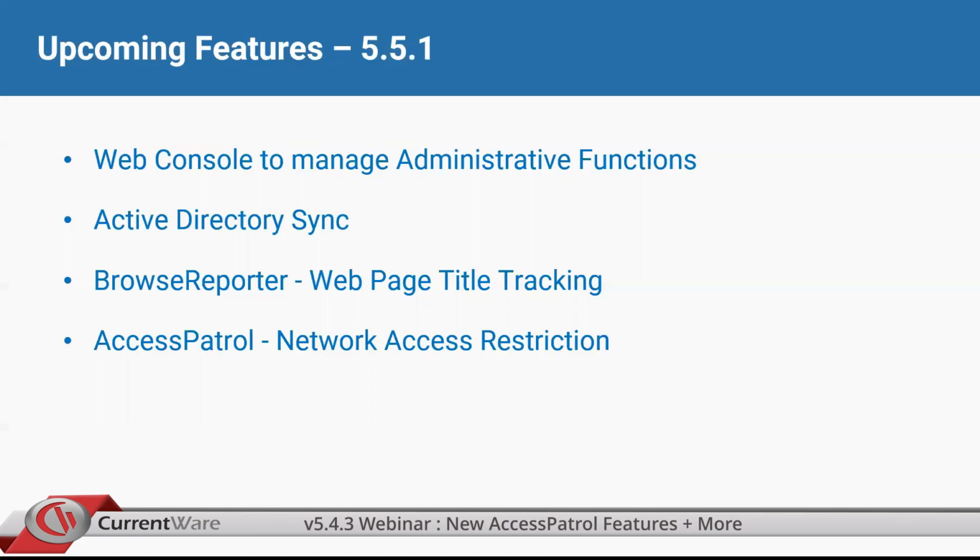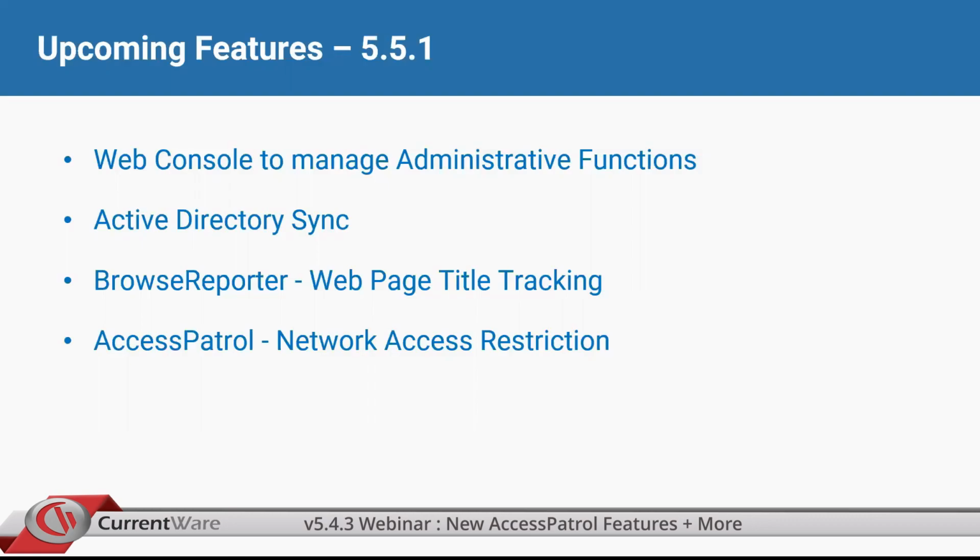The second are improvements to Active Directory sync and the ability to more effectively manage added and changed users from an AD side of things. The third is Browser Reporter web page title tracking. With the browsers having more information in the actual title of a URL, giving the ability to track the web page title in your Browser Reporter reports will allow more customization and configurations.